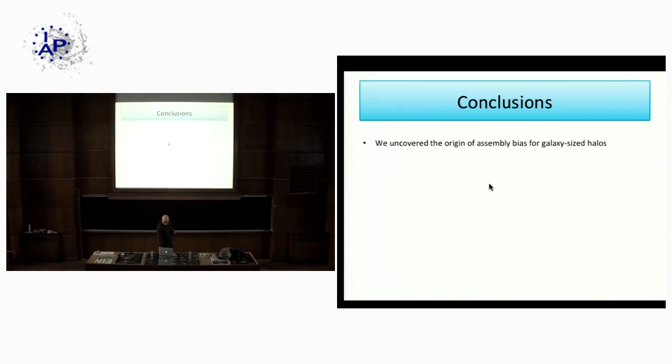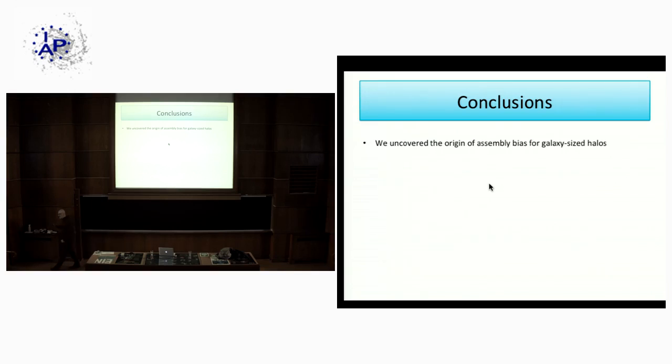So, putting down conclusions, I think we uncovered the origin of assembly bias for galaxy-sized halos, and this has to do with the way the accretion of dark matter onto them is influenced by the Lasky structure of the universe.